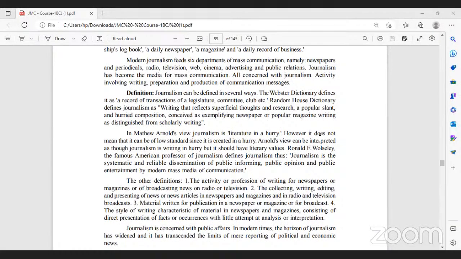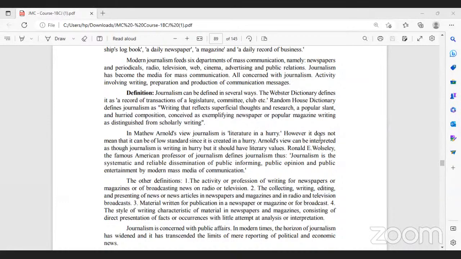So everybody has their own creative way of explaining what journalism is, but we also know that it connects the society and passes on information. Ronald E. Wolseley, the famous American professor of journalism, defines it as the systematic and reliable dissemination of public information, public opinion, and public entertainment by modern mass media of communication.